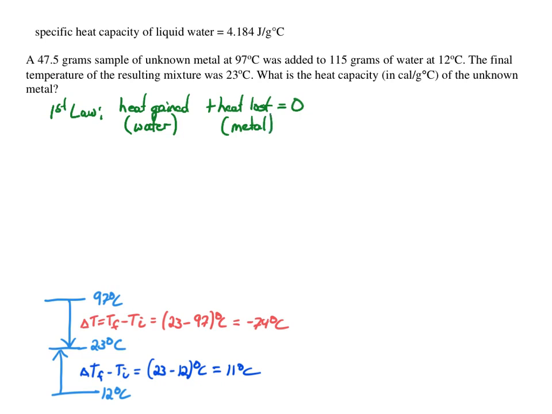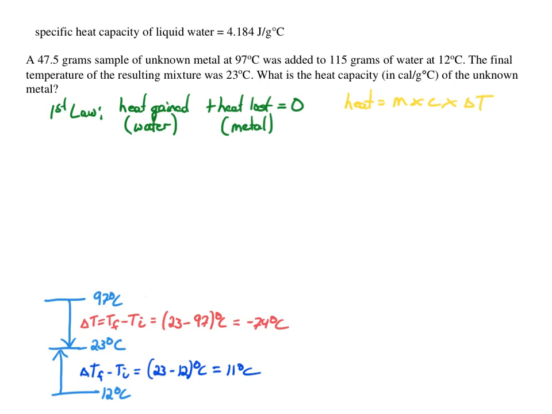Each of these separate terms is a heat and temperature change problem, so we use the equation that heat is equal to the mass times the specific heat capacity times delta T, knowing that each of these variables is different for the water versus the metal.